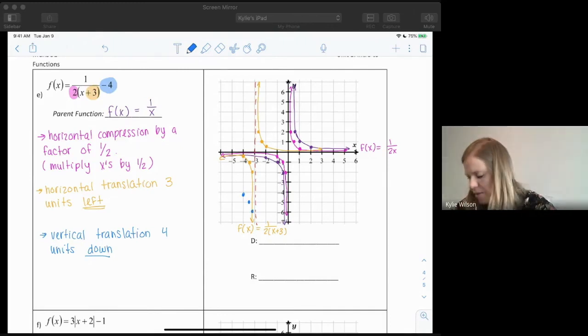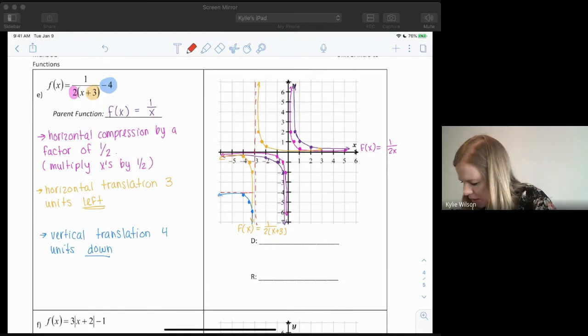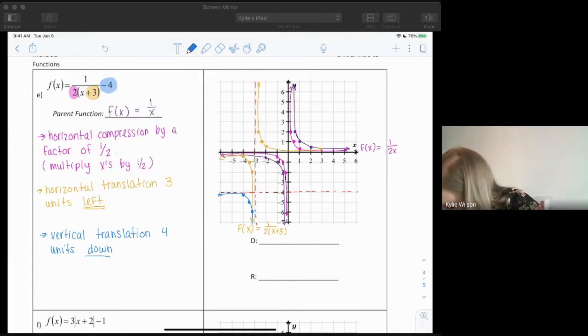There we go. And we can still see it hugging that red line there. Now it's also going to be hugging this negative 4 because I've moved it 4 down. And we'll move the other set of orange lines. There.